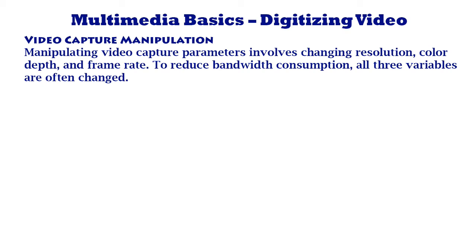Video capture manipulation. Manipulating video capture parameters involves changing resolution, color depth, and frame rate. To reduce bandwidth consumption, all three variables are often changed. For example, some multimedia applications capture video at 320 by 240 with 8-bit color and at a frame rate of 15 frames per second.